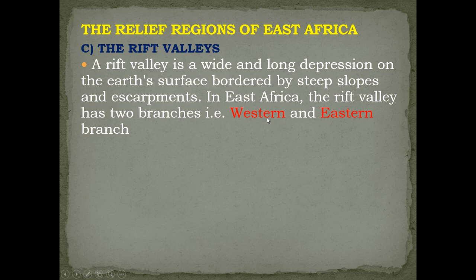The western part is found along the western border of Uganda and the western border of Tanzania. The eastern part of the Rift Valley is found in or through Kenya and then into Tanzania.